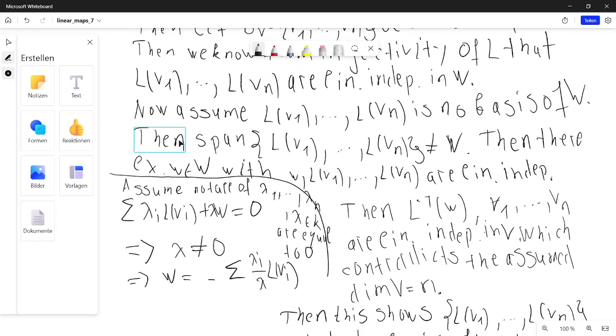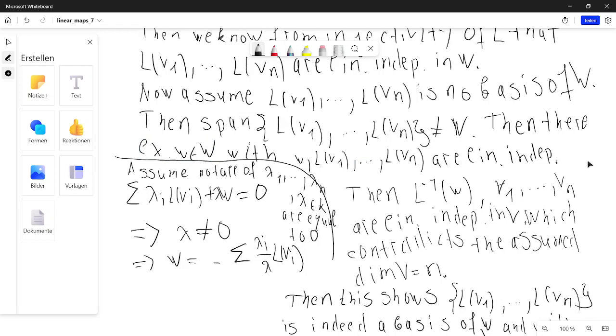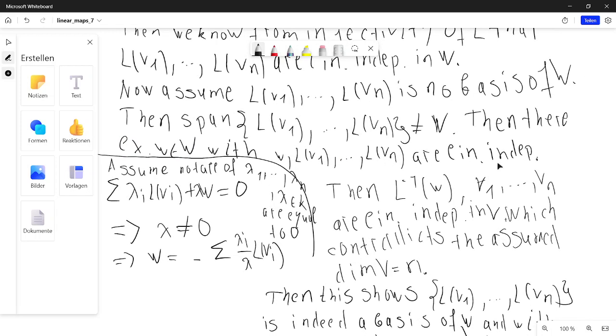That is, under this assumption, it would be true that the span of those vectors is not equal to this space, which means exactly that there exists a vector w in W such that those vectors together with w are linearly independent. That we now claim that this actually implies this.